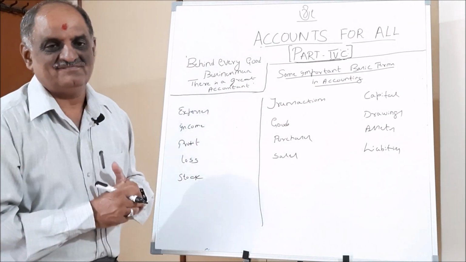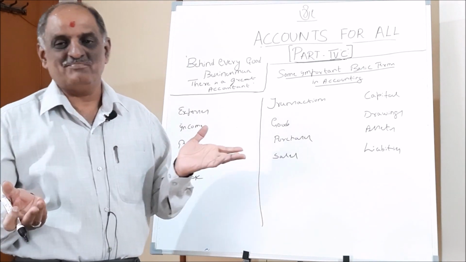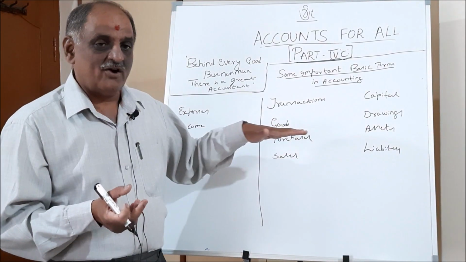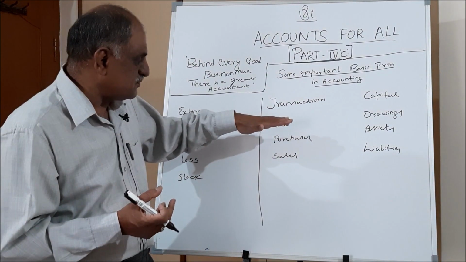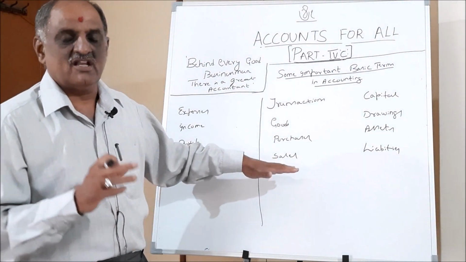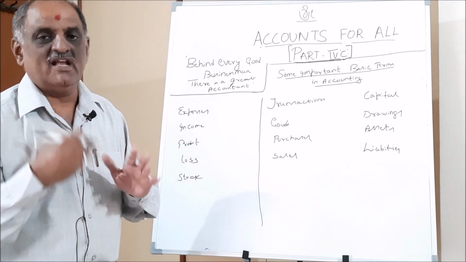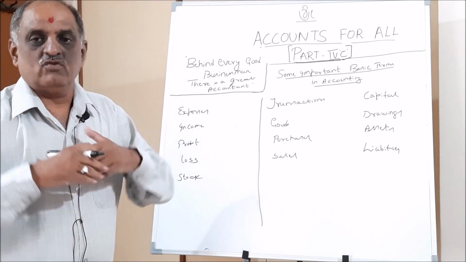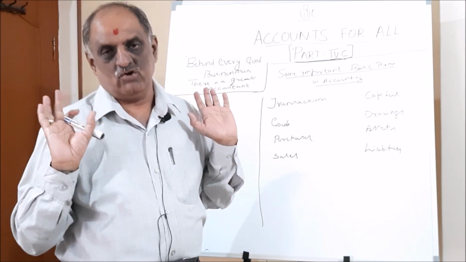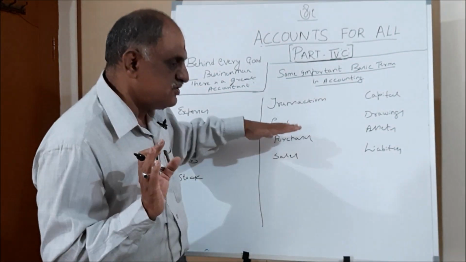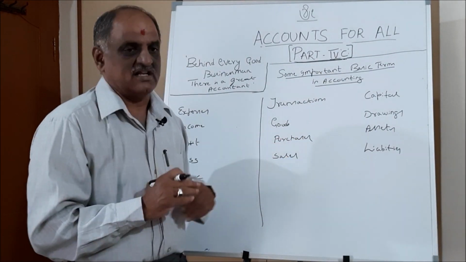To make profit. So we are purchasing goods and selling goods. That is also called trade. Buying and selling goods and making profit out of it is called purchases and sales.